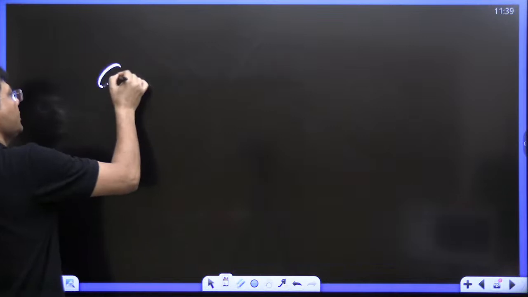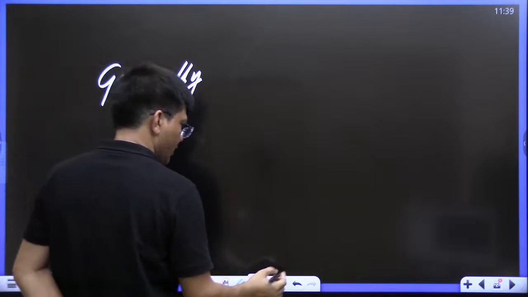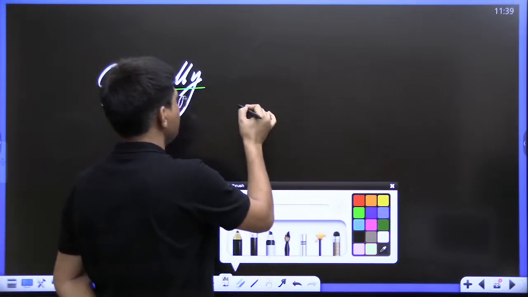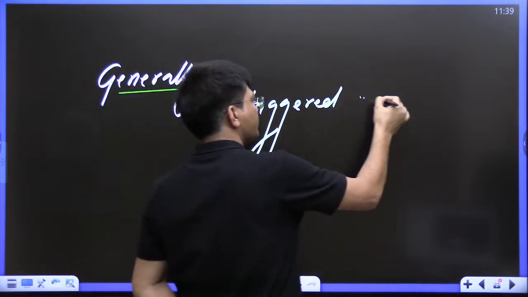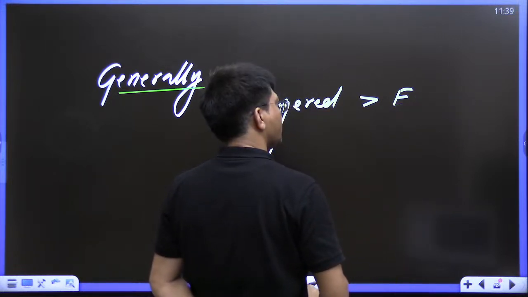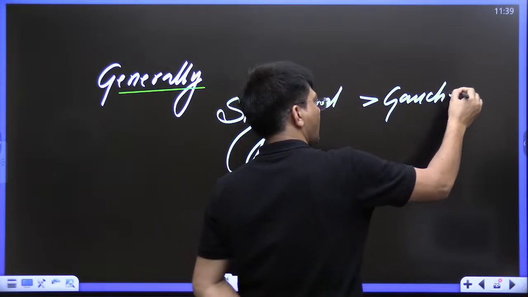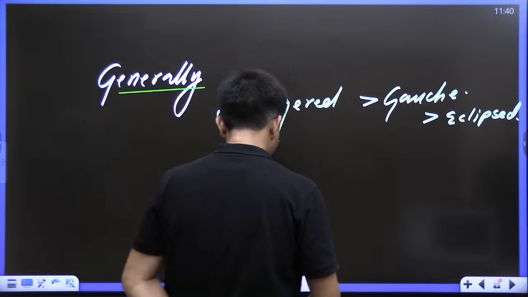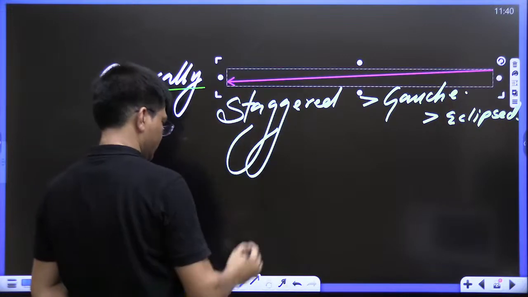Generally, what I'm saying, generally staggered form is more stable than eclipsed. Generally staggered, then gauche, and then eclipsed. This is the stability order, kids. Are you agreed?